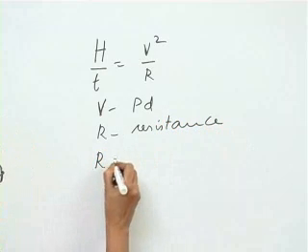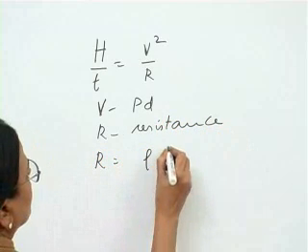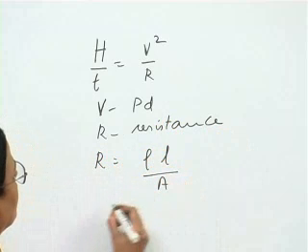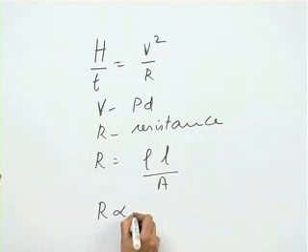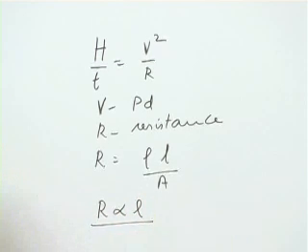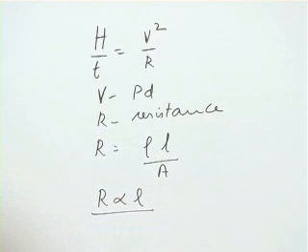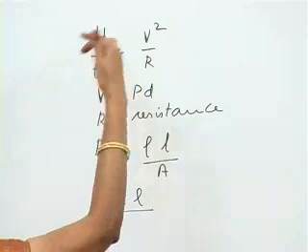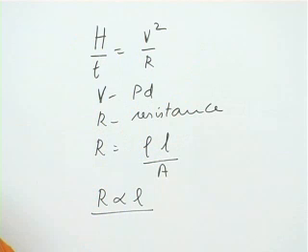The resistance of the wire is given as rho L by A, or resistance is proportional to the length of the wire, because we are going to use all this in the problem. Okay, the heat produced raises the temperature of the wire.